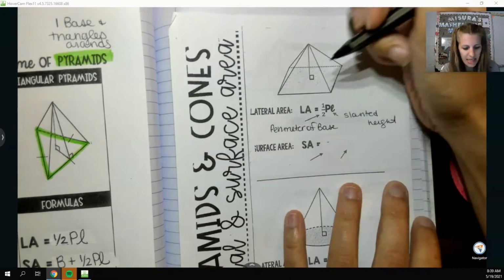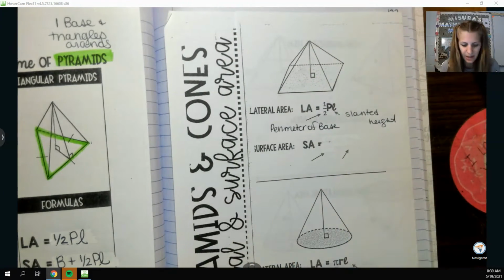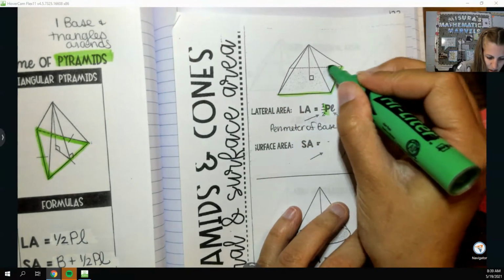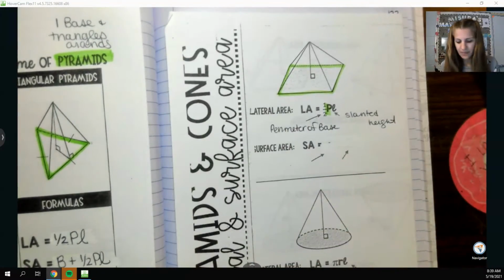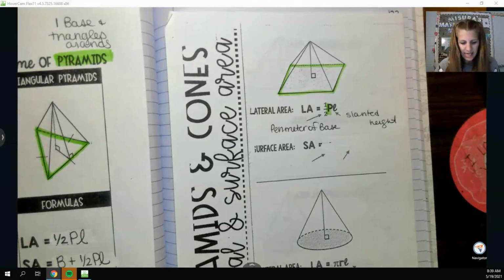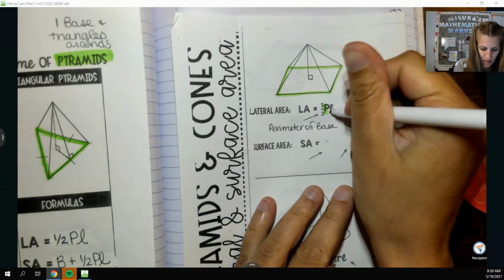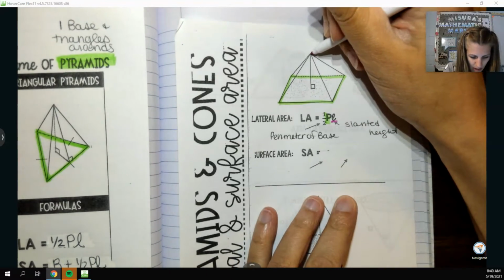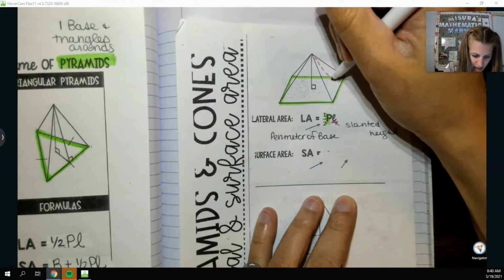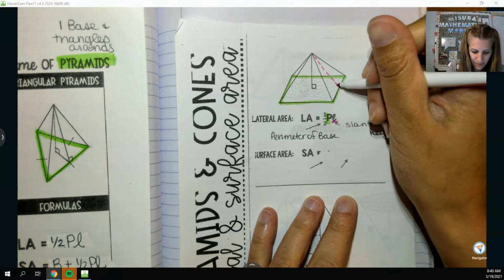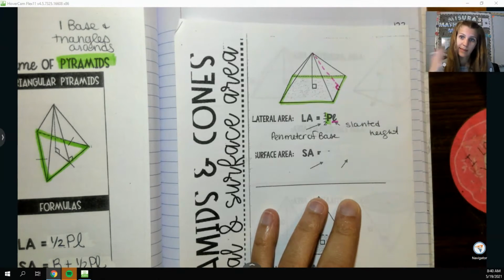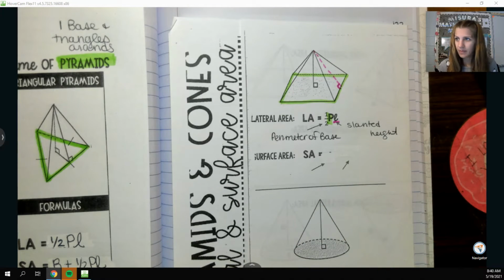Okay, so in this case here, perimeter of the base is like all the stuff around the square base. The slanted height is not this height, because that is the perpendicular one. The slanted one would kind of need to be drawn in right here. And it's the height along this slanted triangle.